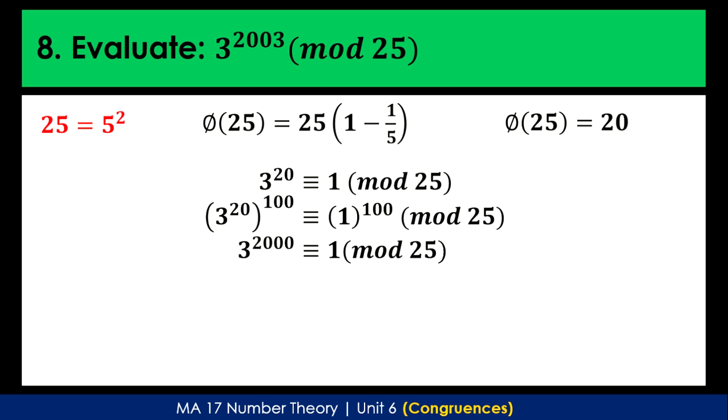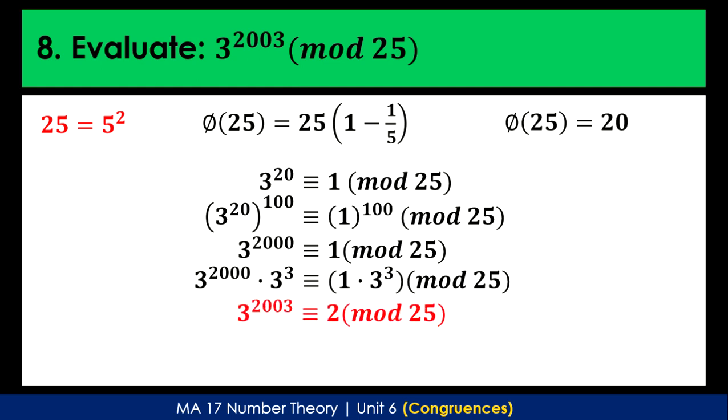We only need 3 raised to 3, so we multiply both sides by 3 raised to 3. 3 raised to 3 is 27, and 27 divided by 25 has a remainder of 2. Therefore, 3 raised to 2003 is congruent to 2 modulo 25. So the residue here is 2.